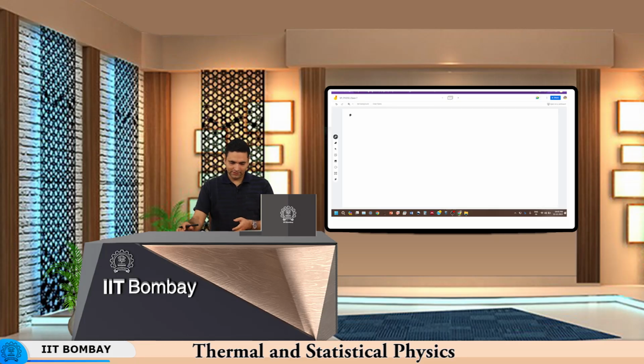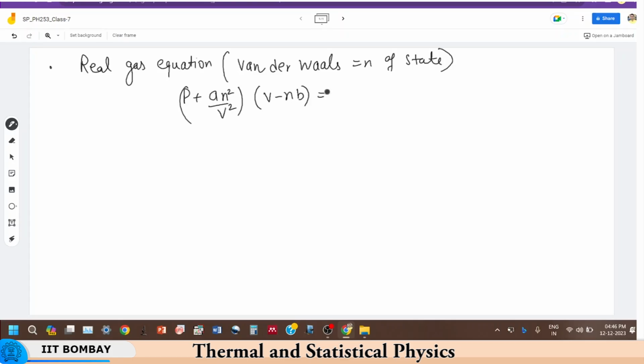And in the last class we derived what's known as the real gas equation, or also the van der Waals equation of state. For n moles of gas, this looks as follows: P plus a n squared by V squared times V minus nb equals nRT, right?